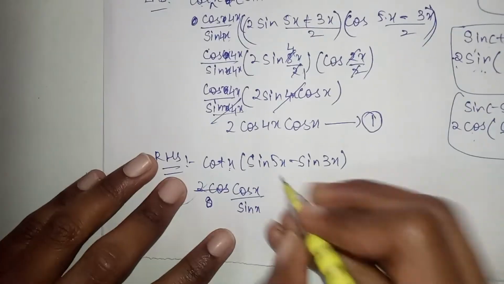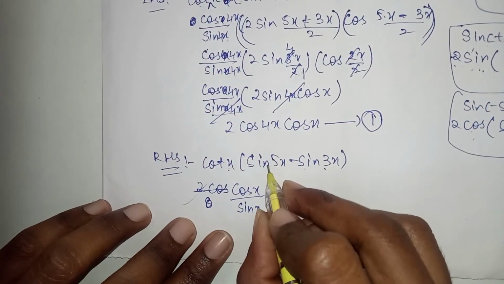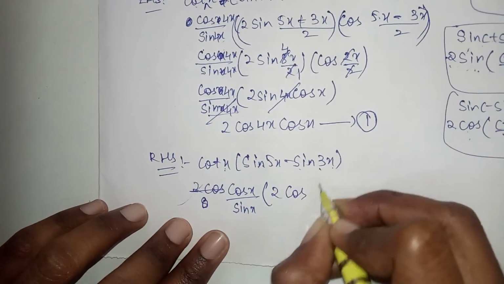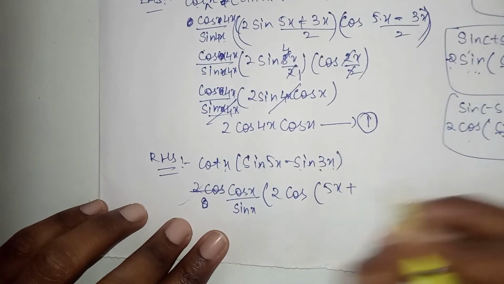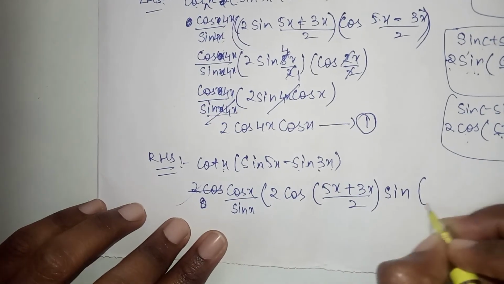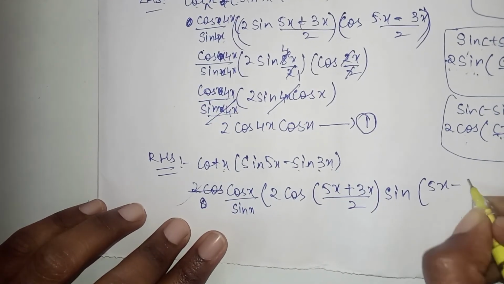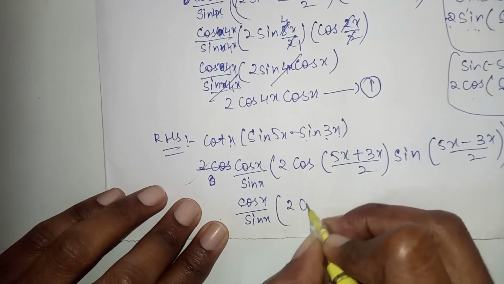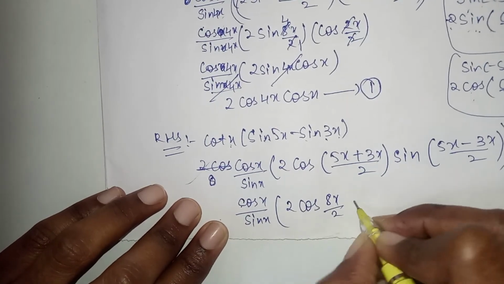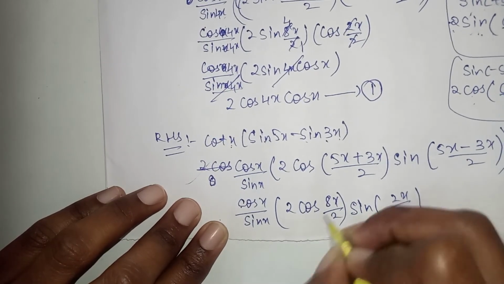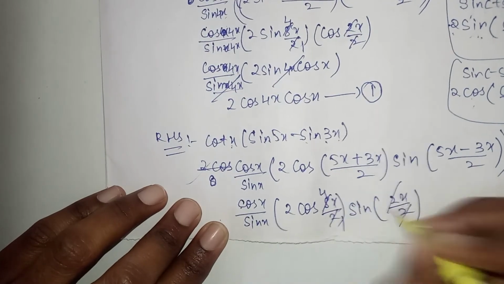And the sin c minus sin d formula is 2 cos of c, 5x, plus d, 3x, by 2 into sin of c minus d. So cos x by sin x, 2 cos 8x by 2 into sin 2x by 2. 2 ones are 2, 4s, 2 twos get cancelled.